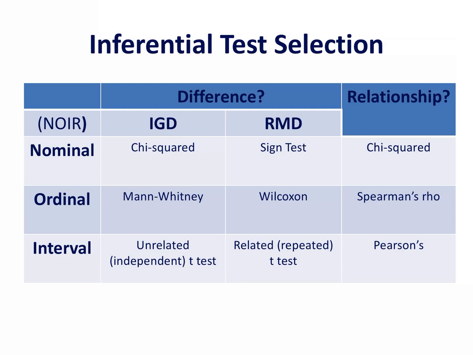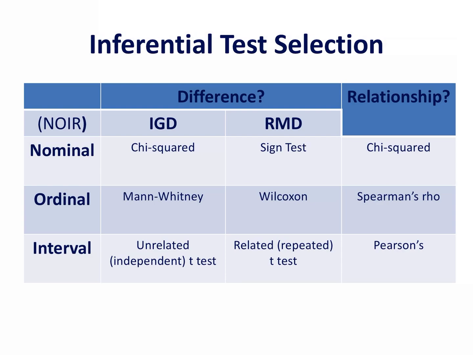So at the top of the slide, we've got difference or relationship. If, for example, we know that we're looking at two covariables, a correlation perhaps, and a relationship, we can ignore all of the data under the difference columns, and we can look straight to our three options under a relationship, which is chi-squared, Spearman's rho, and Pearson's.